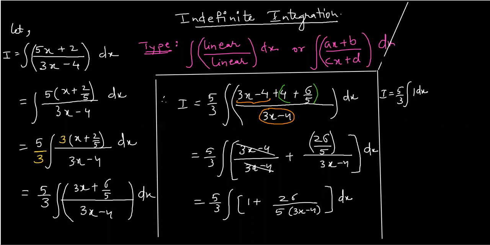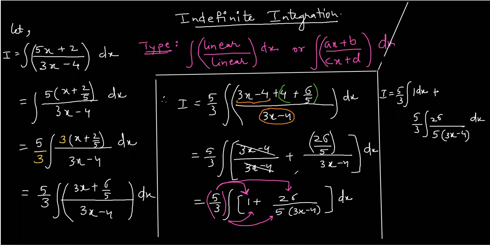See students, what I'm doing is multiplying this 5/3 inside and also distributing the integral. Because this 5/3 is outside the bracket, it will get multiplied to both. It will multiply to 1, and it will also multiply to this. So I have 5/3 integral 1 dx plus 5/3 integral 26 upon 5 times (3x - 4) dx.